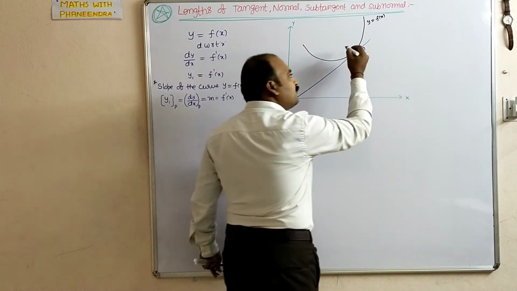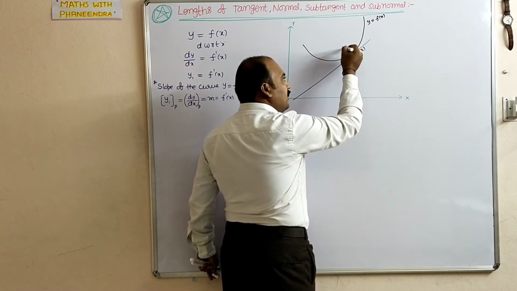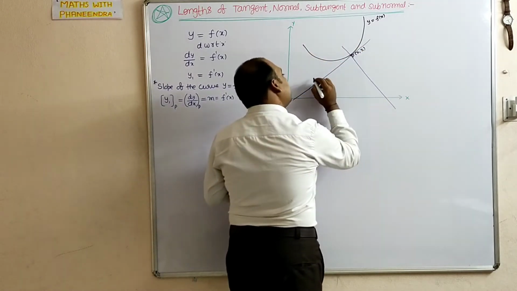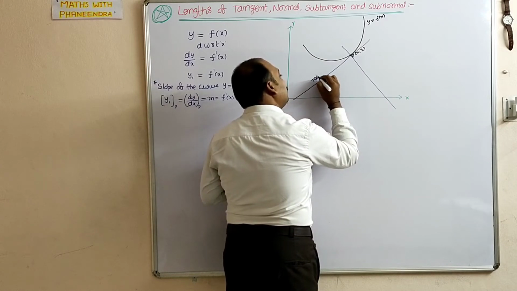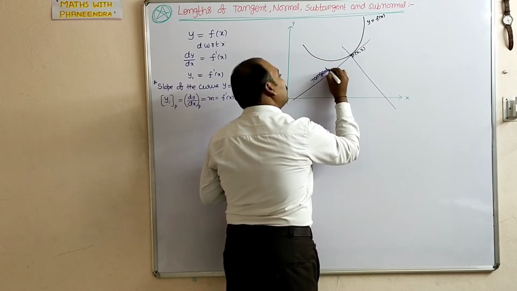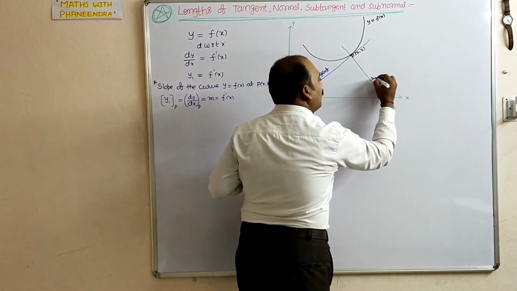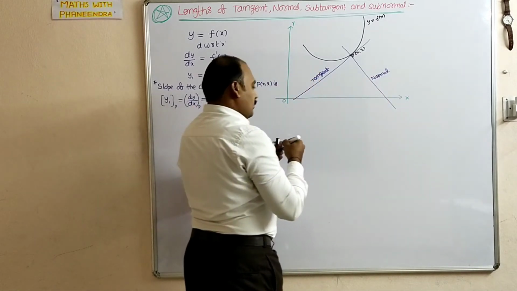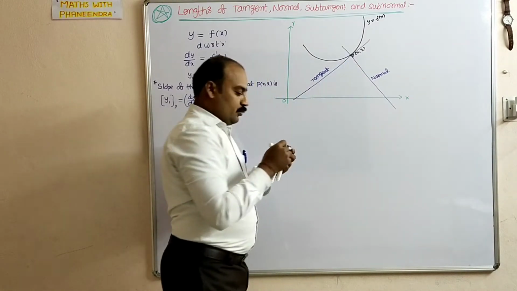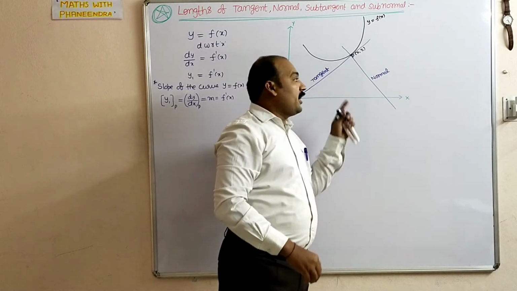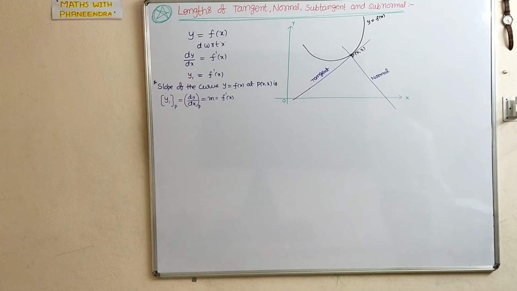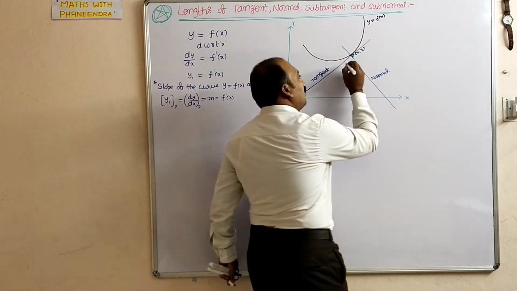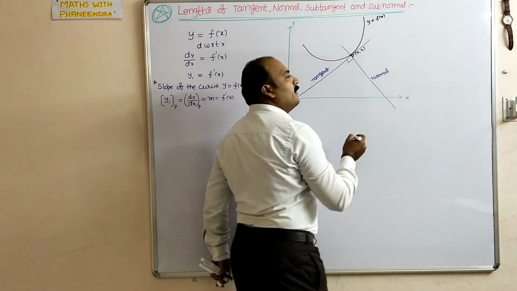The line which is perpendicular to the tangent is called normal. This is tangent equation. This is normal equation. The point of intersection of tangent and normal, they are intersecting at pi by 2. Why? Because tangent and normal, the angle between them is a right angle.